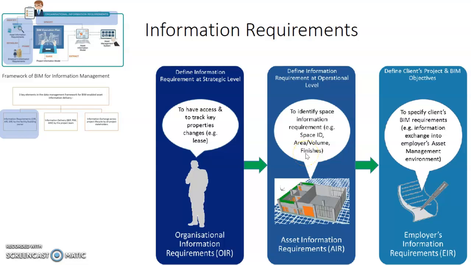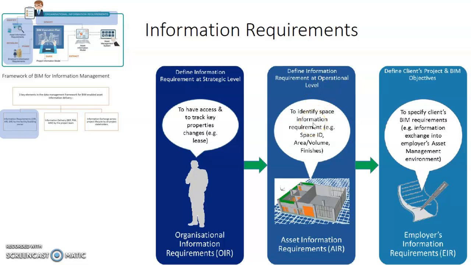Coming back to the shopping mall example, it could be the company needs to know, for the shopping mall at Orchard Road, how much of the space is used for, let's say, grocery, how much of the space is used for high-end luxury items, and so on and so forth. So that is at this operational level.